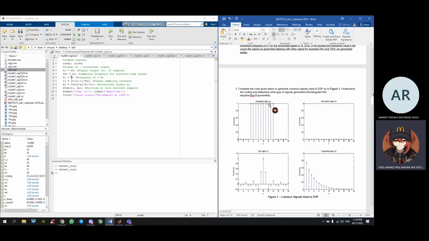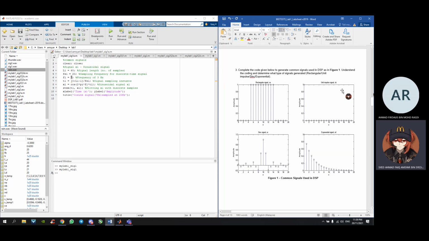For question number 3, complete the code given below to generate the common signals used in the DSP as in figure 1.